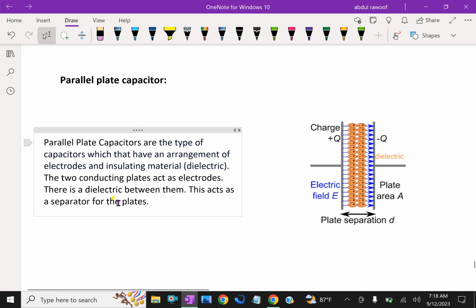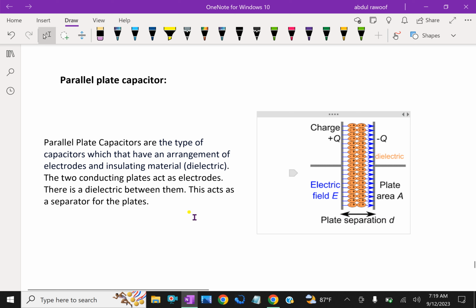There is a dielectric between them, which acts as a separator for the plates. Look at here, two conducting plates having charges positive Q and negative Q. In between, dielectric material is filled. Then that is electric field E. The separation distance between the plates is D meter.